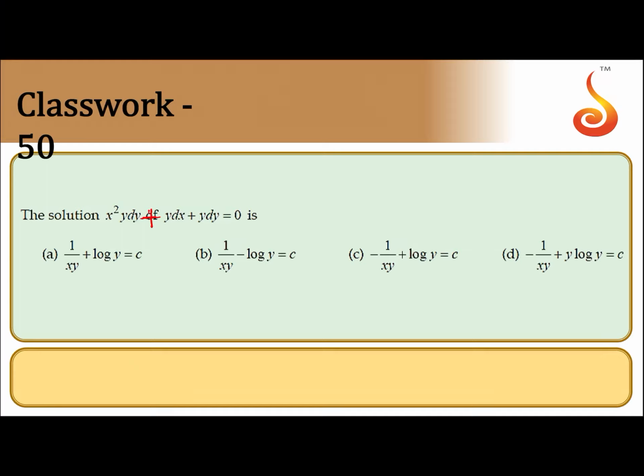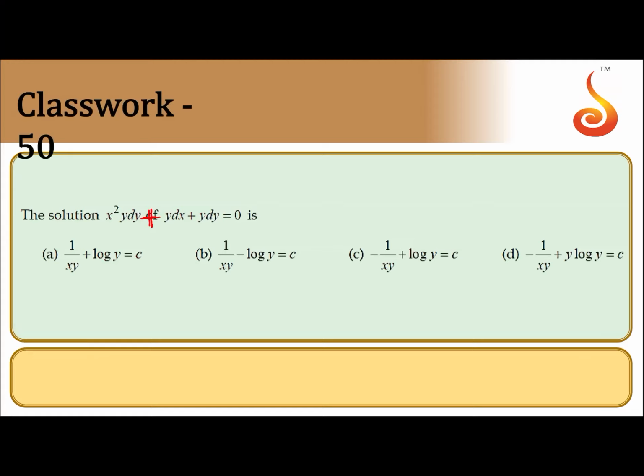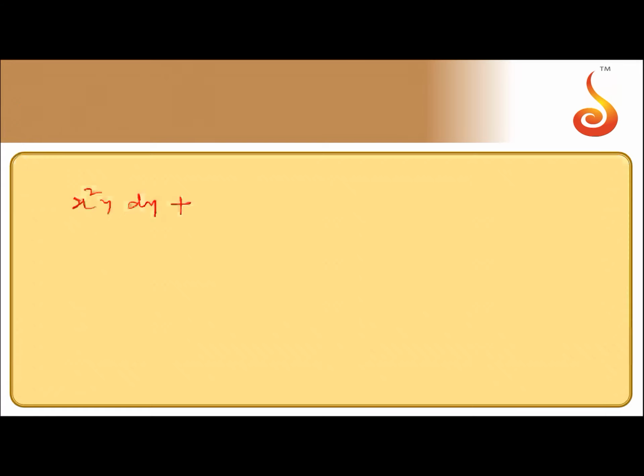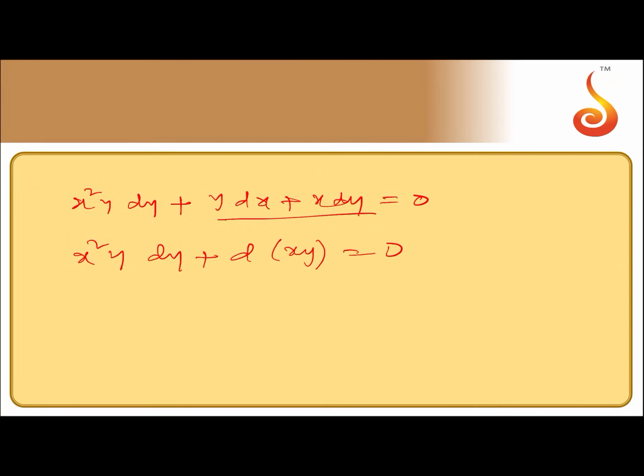Y dx plus x dy is equal to 0. Rewriting, x square y dy plus y dx plus x dy, where y dx plus x dy is the differential of xy, is equal to 0.